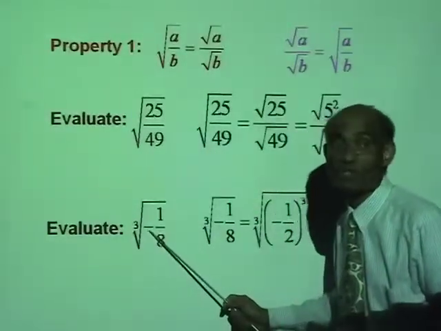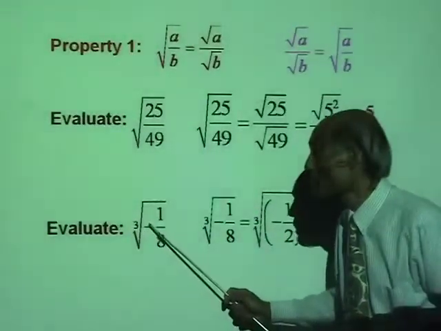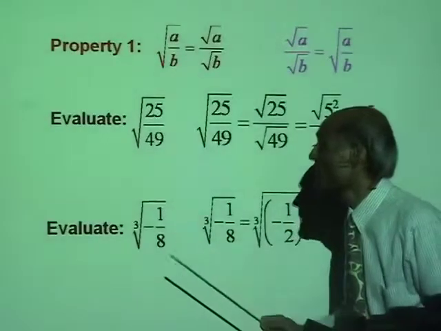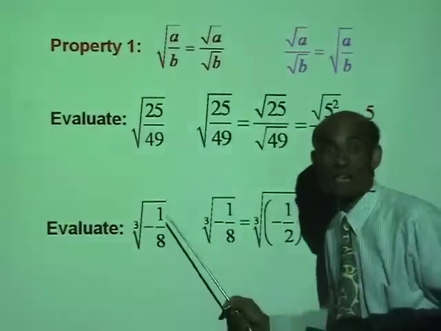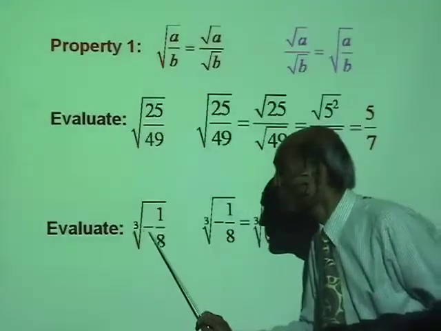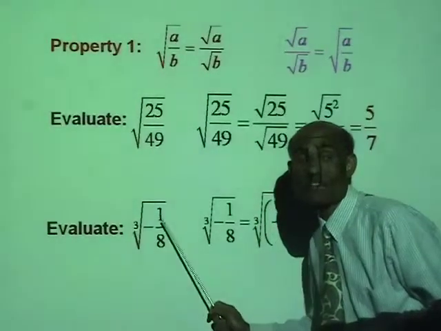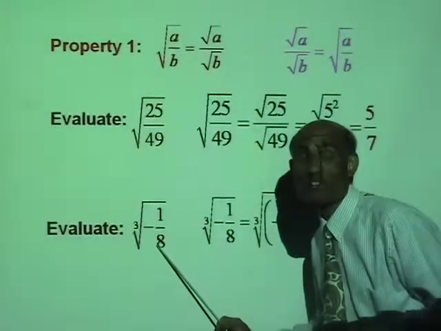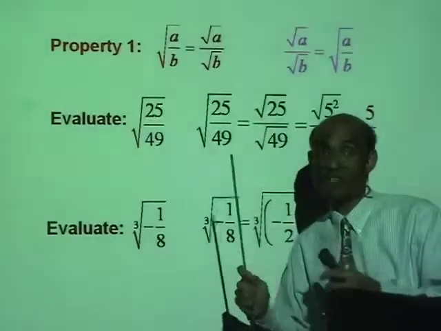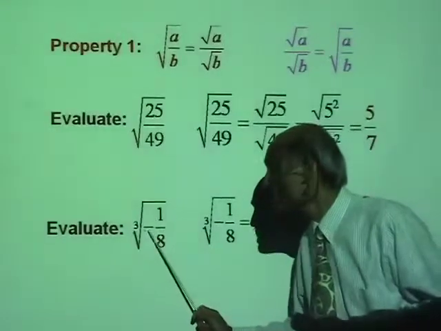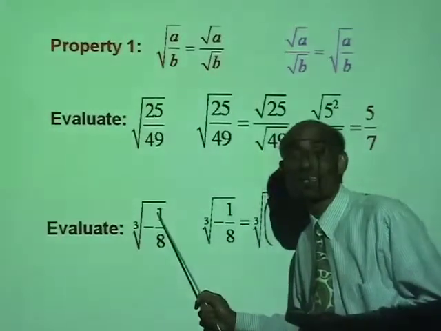You can also use this property. How? Do you want me to show that to you? Cube root of negative 1 over 8 can be written as, you see, when this number is negative, either the numerator is negative or the denominator is negative. Both cannot be negative. So let's give this negative sign to the numerator.